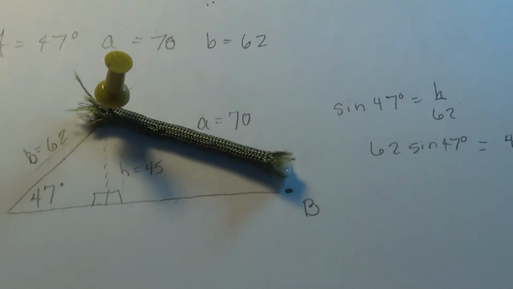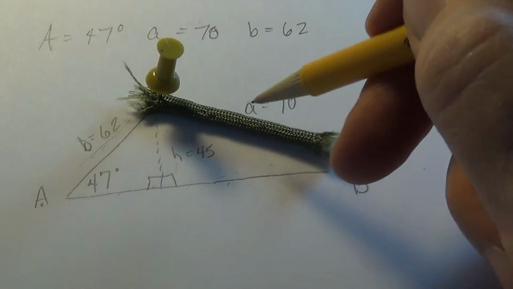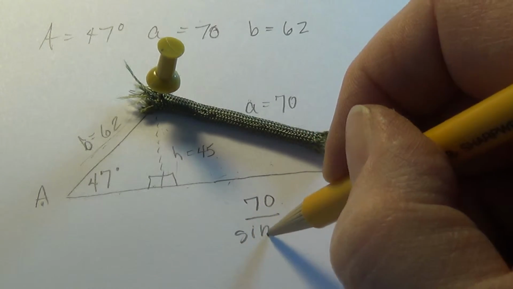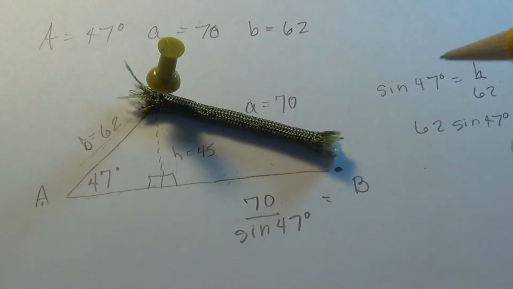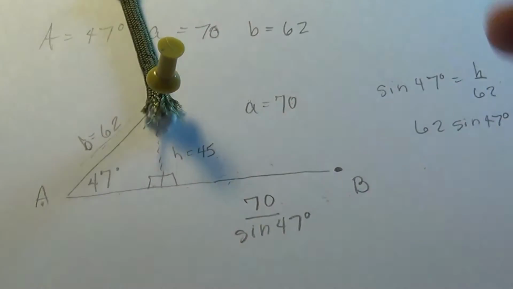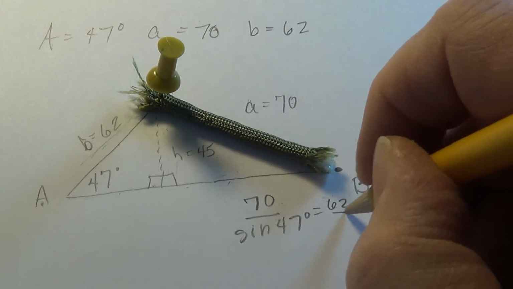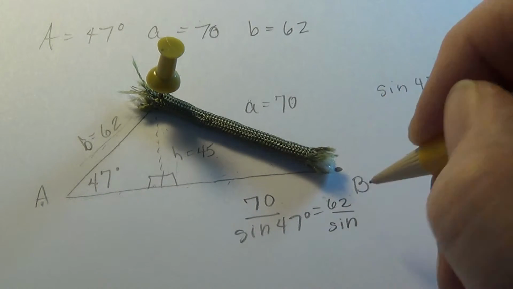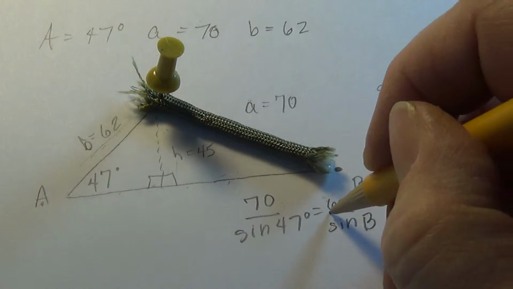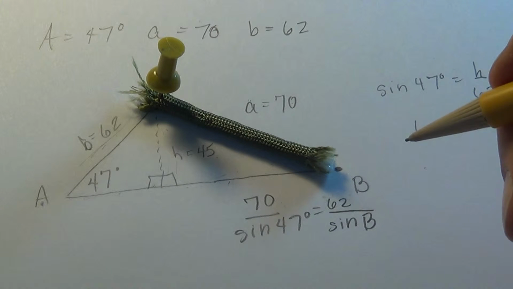So from there, we can set up the sine relationship, such as 70 over sine of 47 equals 62 over sine of the unknown angle B. So whenever you have that, you know your last step is going to be an inverse sine step.